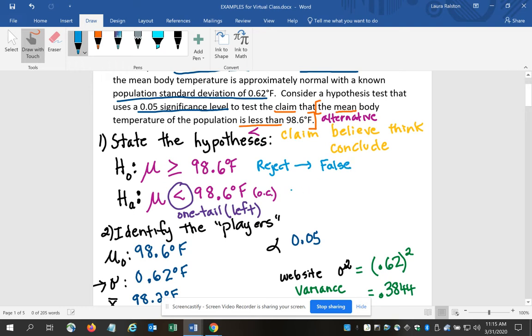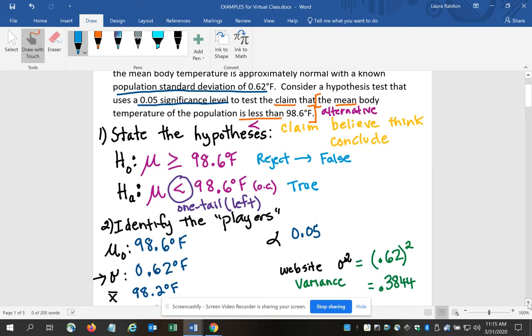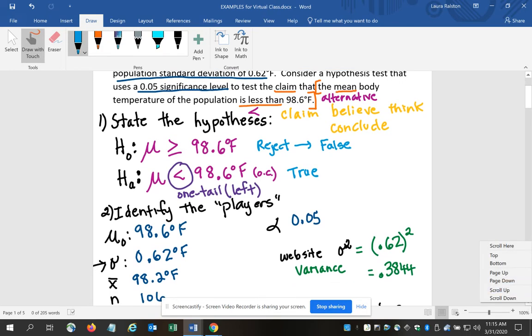If the null hypothesis is false, then by default, the alternative has to be true. So we're going to basically state whatever the alternative is as our conclusion. In this case, we would say that it's less than.